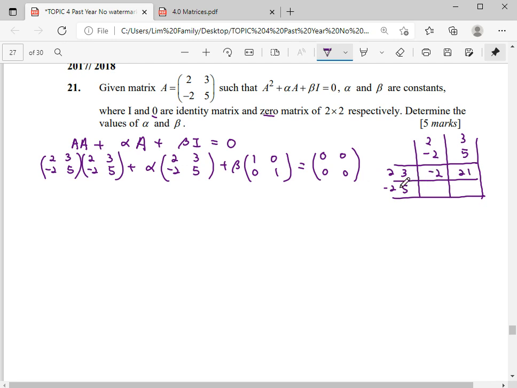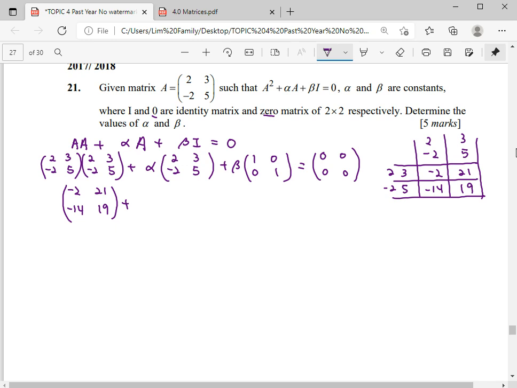Then for this box, it will be negative 4, negative 10, negative 14. So here will be negative 6 plus 25, 19. Okay, so we managed to simplify our multiplication: negative 2, 21, and then negative 14, 19.